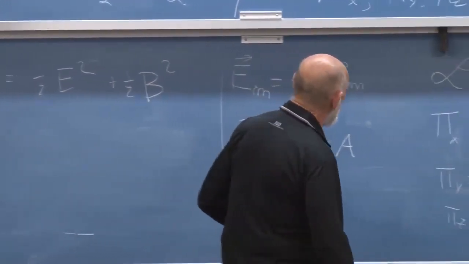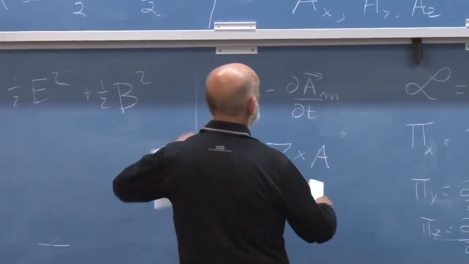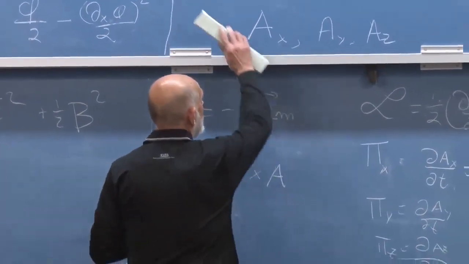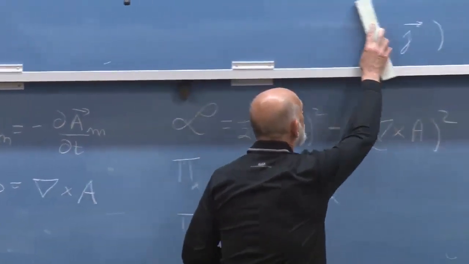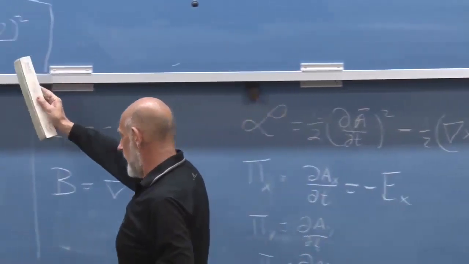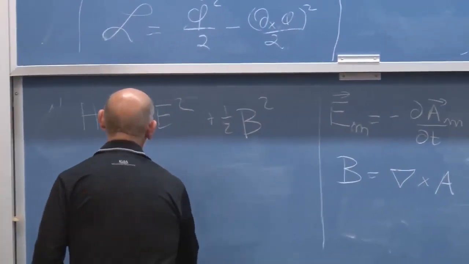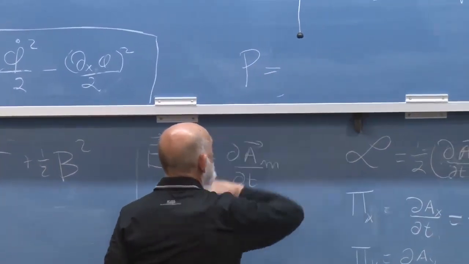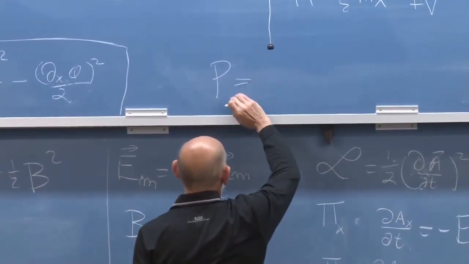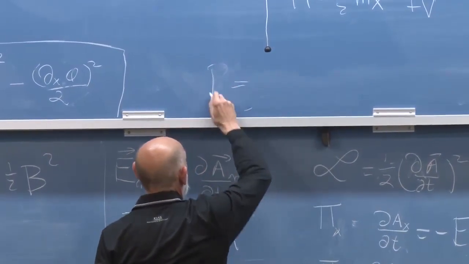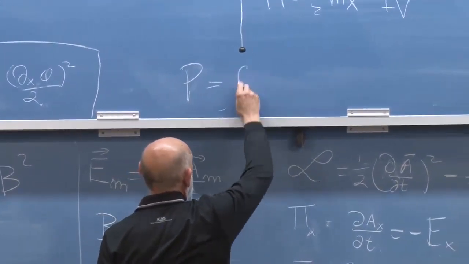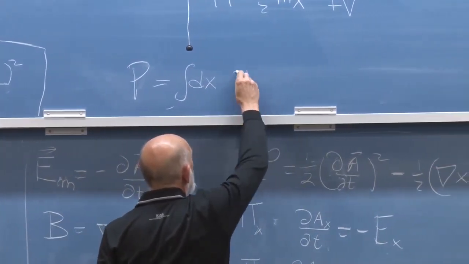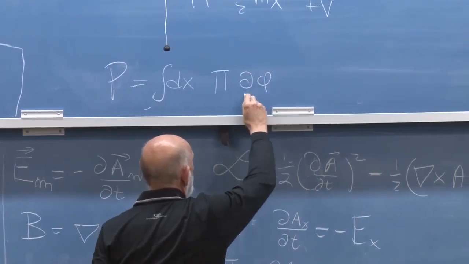Okay, so let's go back to inertia. Let's do it up here for this field over here. We said that the field momentum, the momentum density, let's call it the field momentum, is equal to the integral dx of pi times d phi by dx.